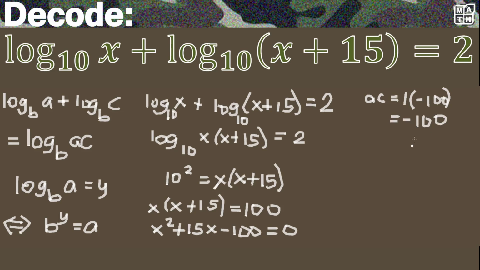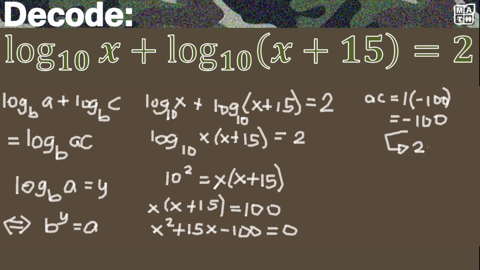Now there are plenty of factors of negative 100. You have 1 times negative 100, negative 1 times 100. You could also use 4 and negative 25, and the other way around; 50 and negative 2, and the other way around; 10 and negative 10. But we're going to look for the factors of negative 100 that when added will result in 15.